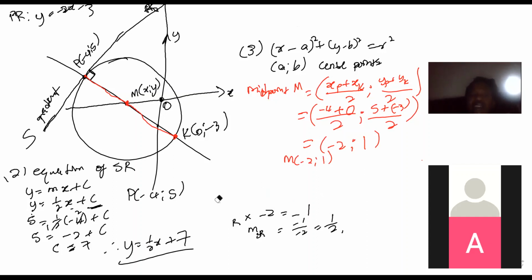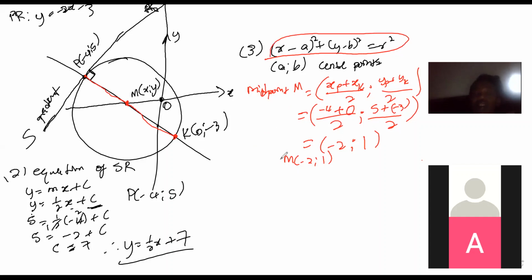Now let's find the equation of the circle. So the equation of a circle is in this form. So let's substitute. We said A and B are the center points. We got our center points. Therefore, we're gonna have x minus -2 squared plus y minus 1 squared is equal to r squared. And what is our r?